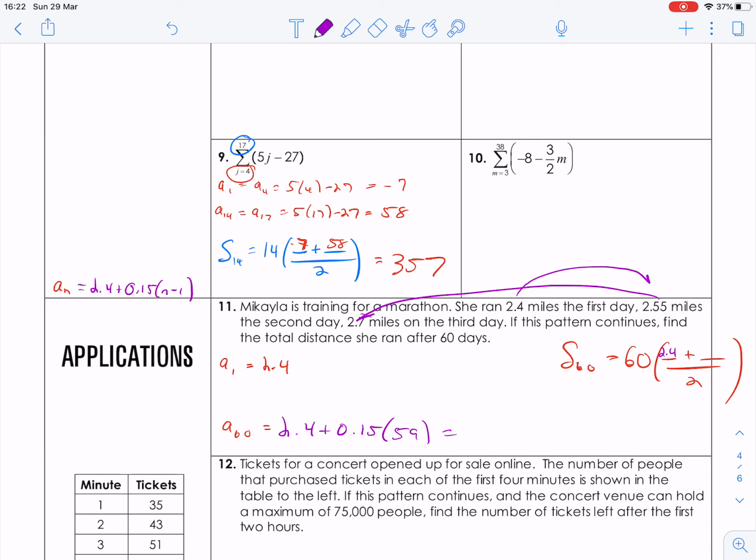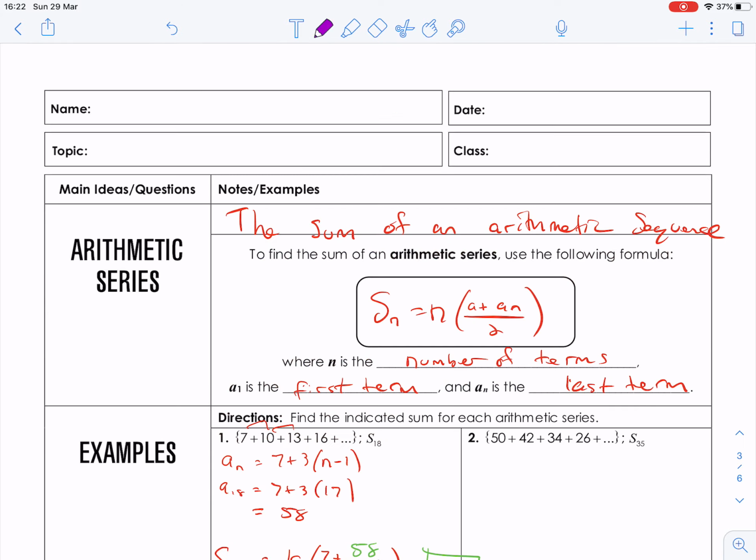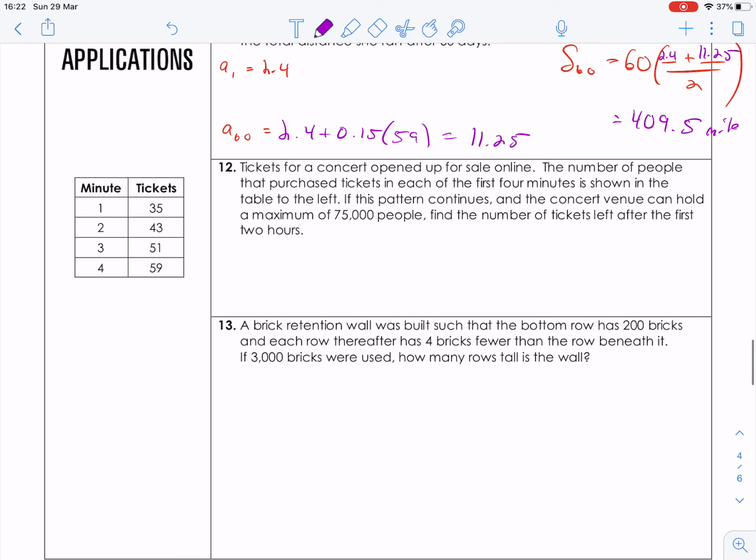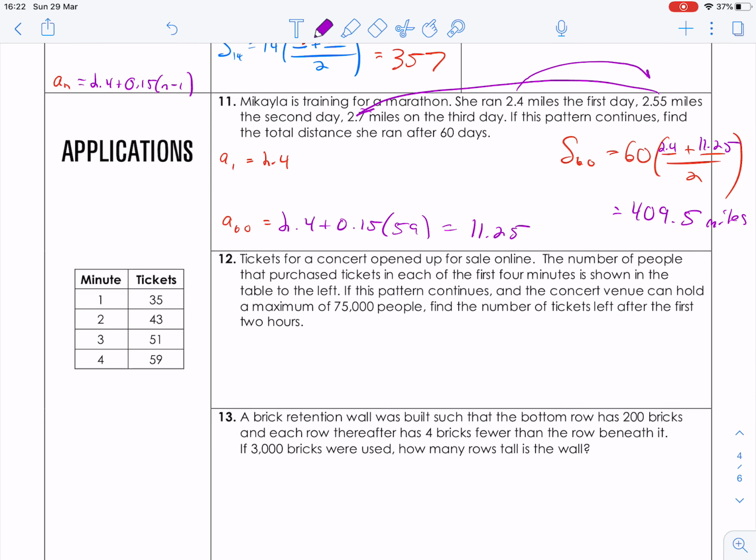That is, calculator, 11.25. So if I plug in 11.25, I end up putting that also into my calculator and getting 409.5 miles. So that is the distance she'll run after 60 days if she's increasing each day by 0.15 miles.